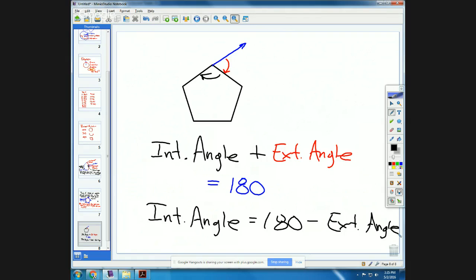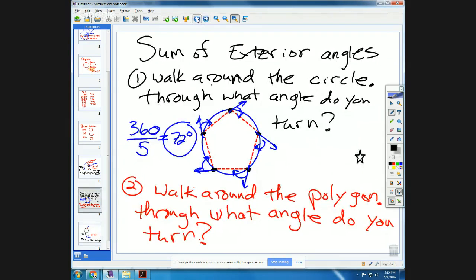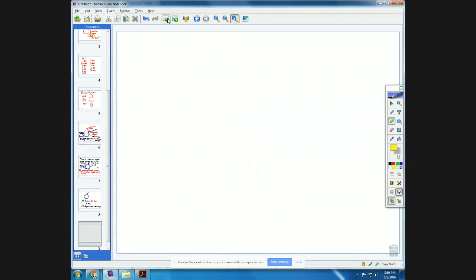We now have a rule for how to come up with the exterior angle of a polygon. We take 360, divide by how many sides. It's going to be a convex polygon, that's important. We'll take a look at a concave polygon in a minute. So for a convex polygon, take 360, divide by the number of sides. That's the exterior angle. Write that down here.